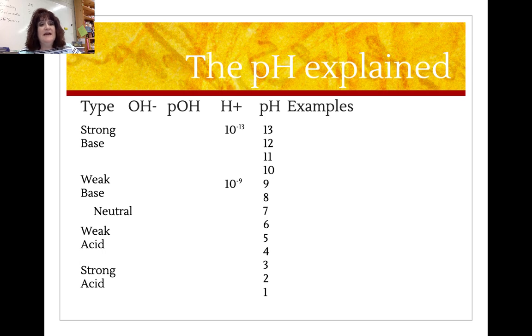A pH of 9 has an H+ of 10 to the negative 9. A pH of 5 has an H+ of 10 to the negative 5. And you can see that the H+ exponent matches the pH. It's just negative. So you should be able to fill in the rest of the H+ column.